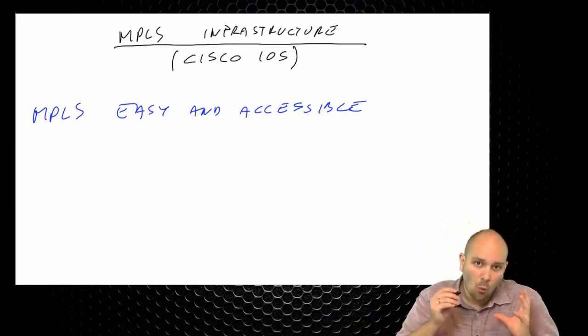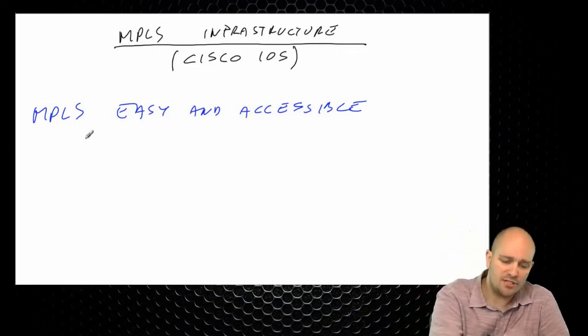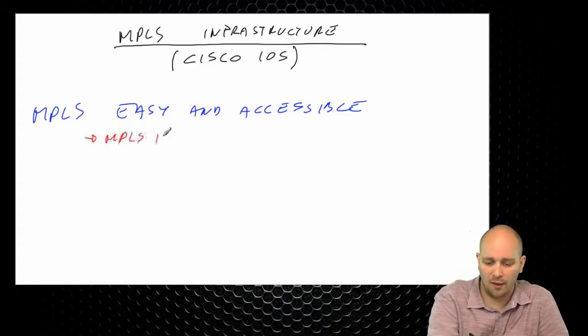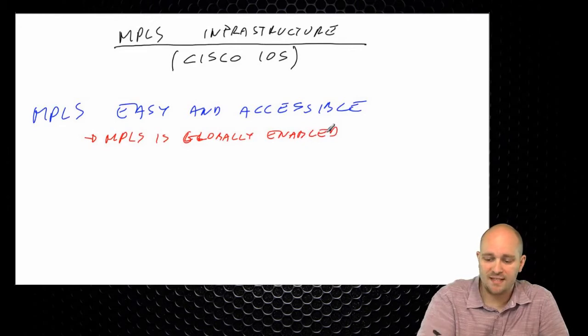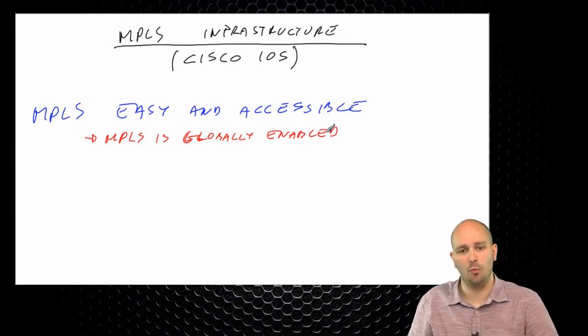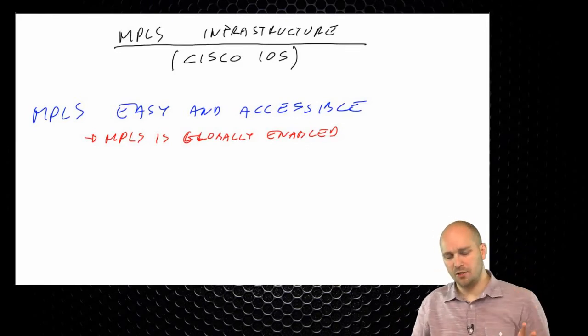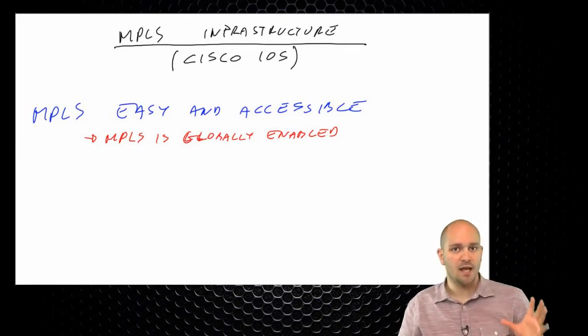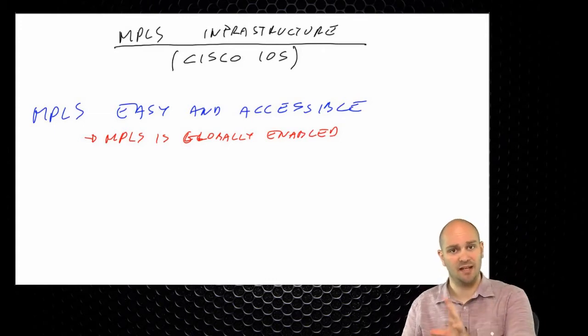Now, how did they approach MPLS in IOS? Well, first things first is MPLS is globally enabled on all Cisco routers. Now, what I mean by MPLS is globally enabled is that MPLS is there, all the functions of MPLS are ready to start working the moment you enable MPLS on any of the interfaces.